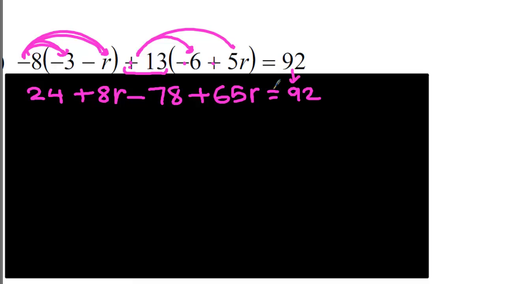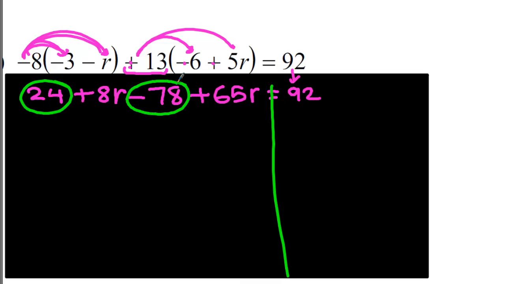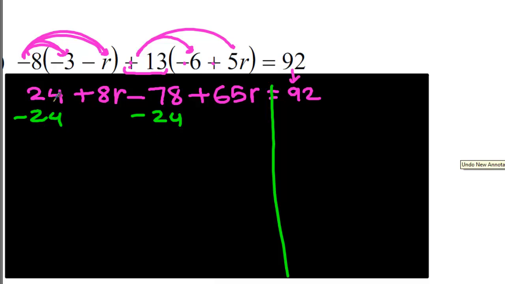Next. The left side of this equation is long. You want to make it short. Okay? 24 can be put together with negative 78. Don't do this. Say 24 is a positive, and then a negative 24, and then a negative 24, boom, and then that's wrong. Okay? You can only do that if this and this are on the opposite side of the equal sign.